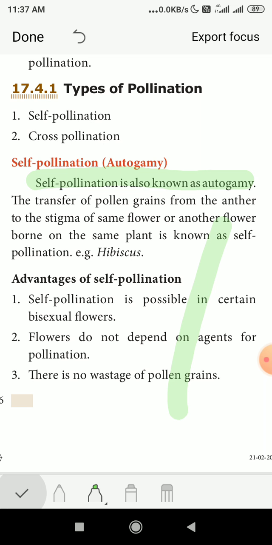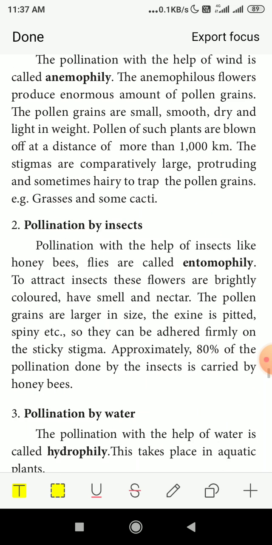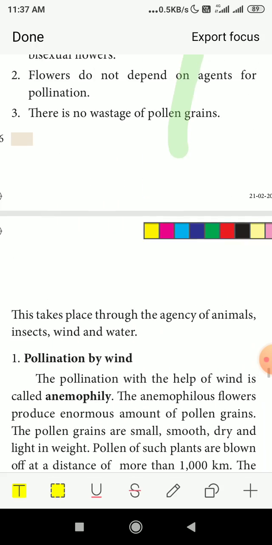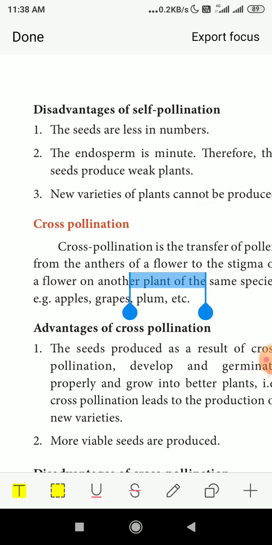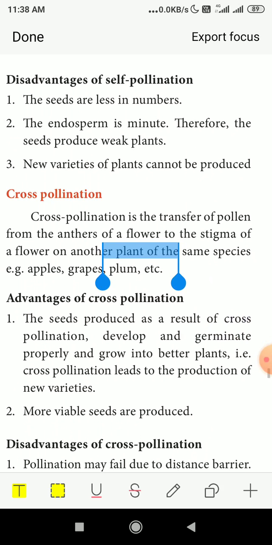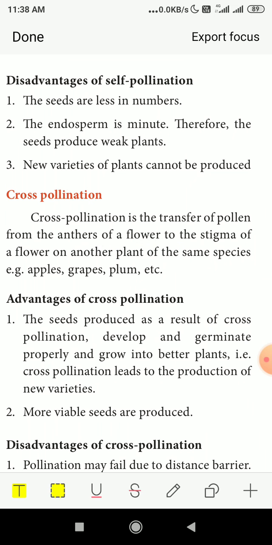And the next one: what are the disadvantages of self pollination? The seeds are very few in number. The endosperm is minute.